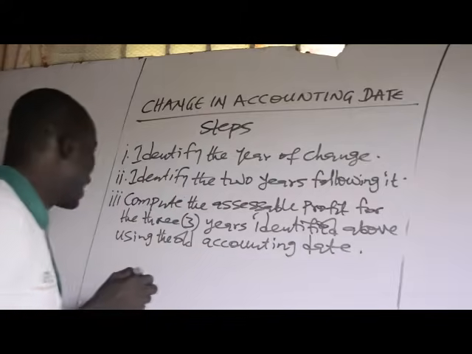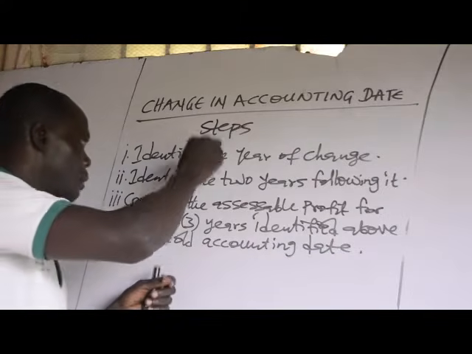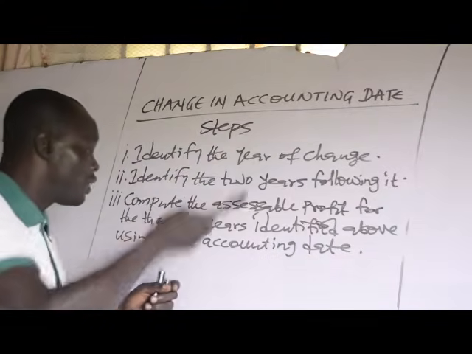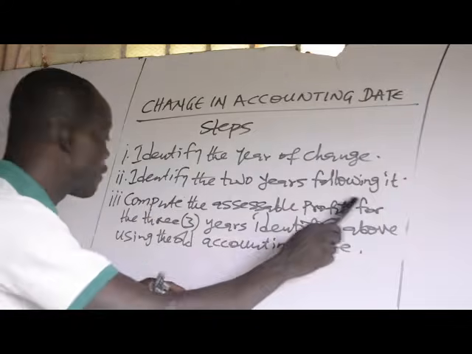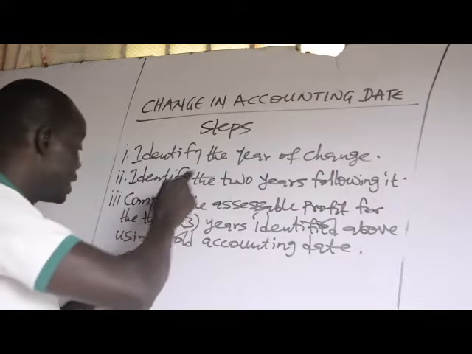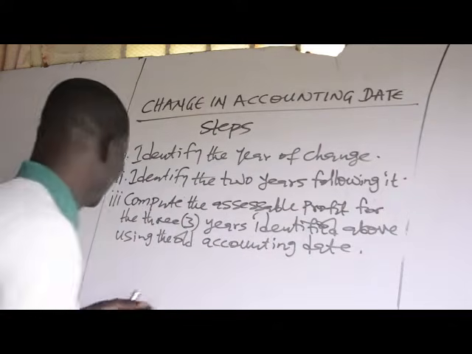Now you have identified 3 years: the year of change and the 2 years that follow. You are going to compute the assessable profit for the 3 years identified using the old accounting date.